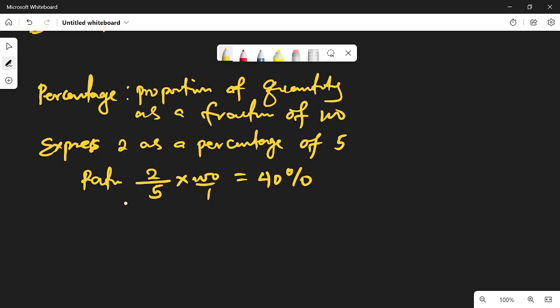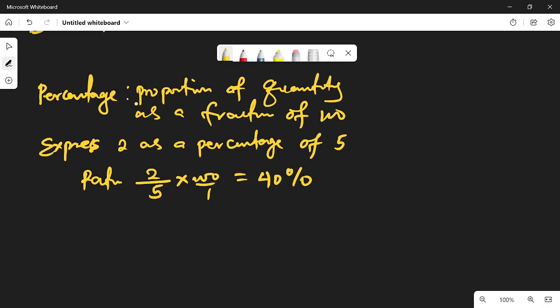So now that we have understood what we call ratio, proportion, and percentage, now let us look into application of ratio and proportion. When this comes to the application of ratio and proportion, we do this when we are sharing items.